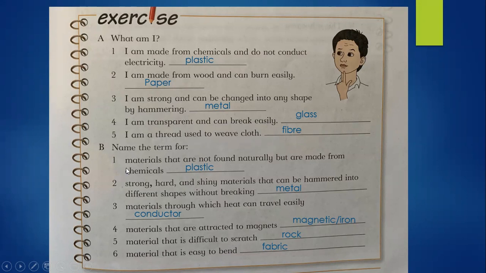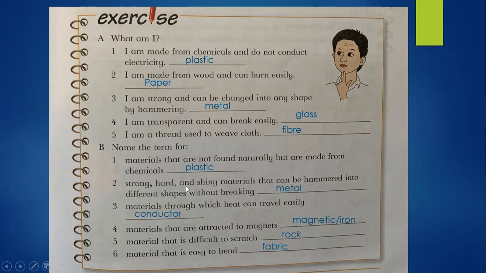Okay. Now again, they are asking to name the term for. Number 1, materials that are not found naturally but are made from chemicals. Again, whenever you see the word chemicals, made from chemicals, it means it's a plastic.